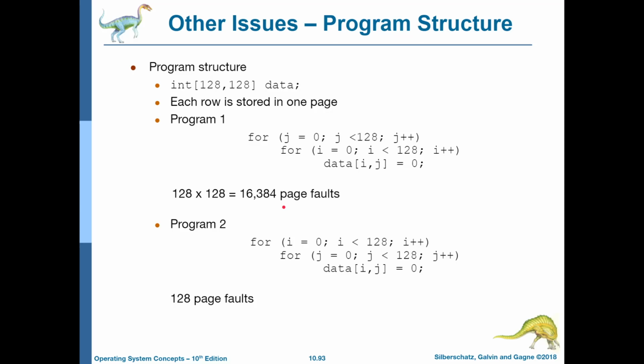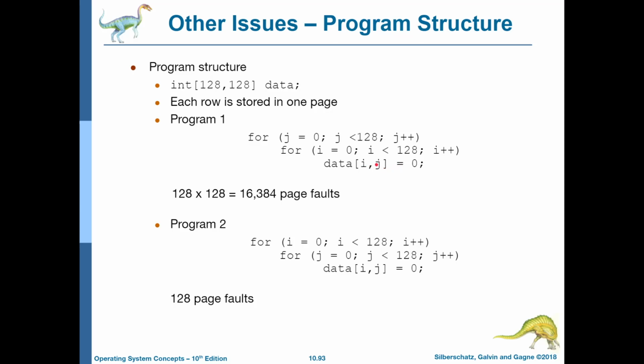Now, I want you to consider for a moment what happens to paging whenever you're running a particular loop like this. We have a loop here where the outer loop is the J loop and the inner loop is the I loop, and we're accessing things using the I index on the outer index and J on the inner.